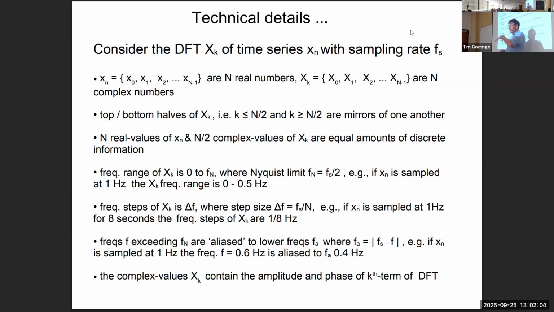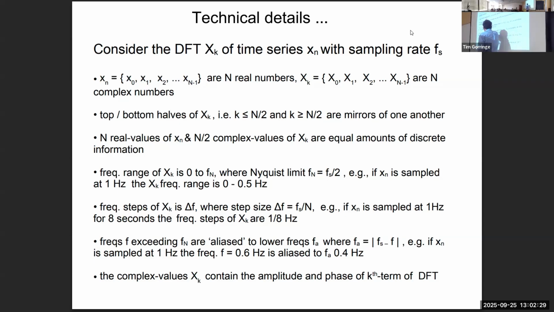But that's the same amount of discrete data, because the complex numbers have a real and imaginary part. It's the same total amount of information stored in those two time and frequency arrays. So they do store the same amount of data.